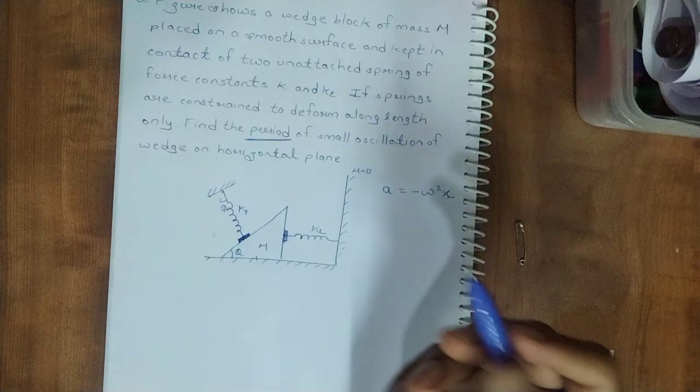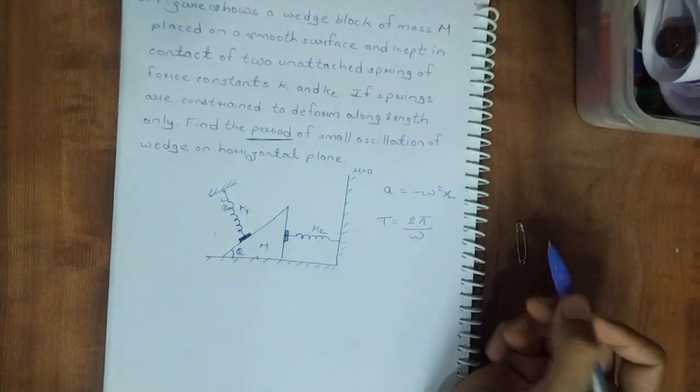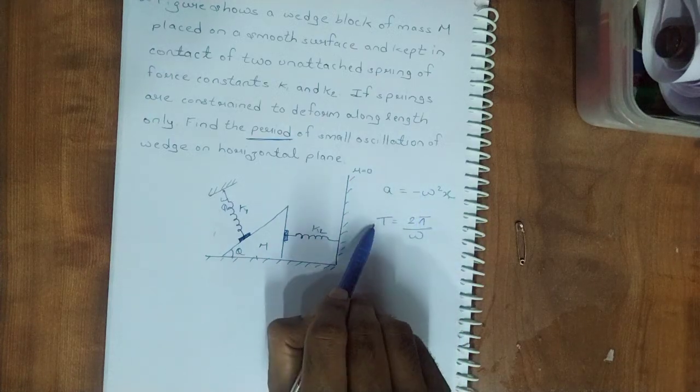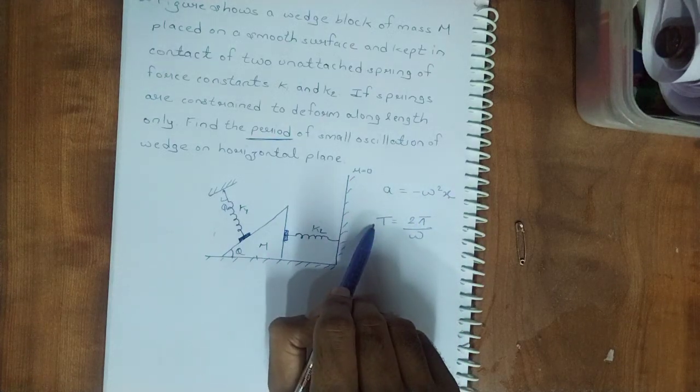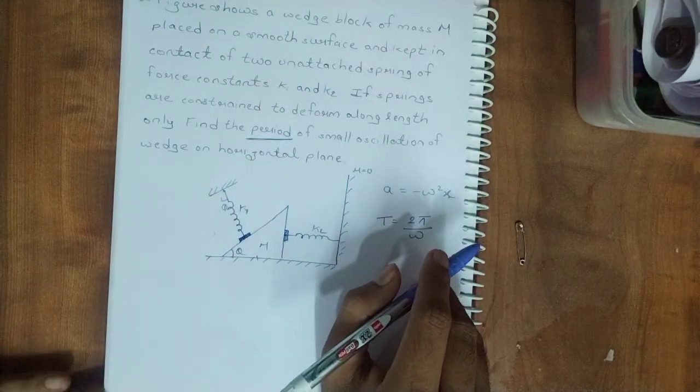Then the time period is 2 pi by omega. So if you know this equation, you will know omega, and then you will be able to find the time period. Whenever any question is asked related to time period, follow this methodology. So now how will we do it?